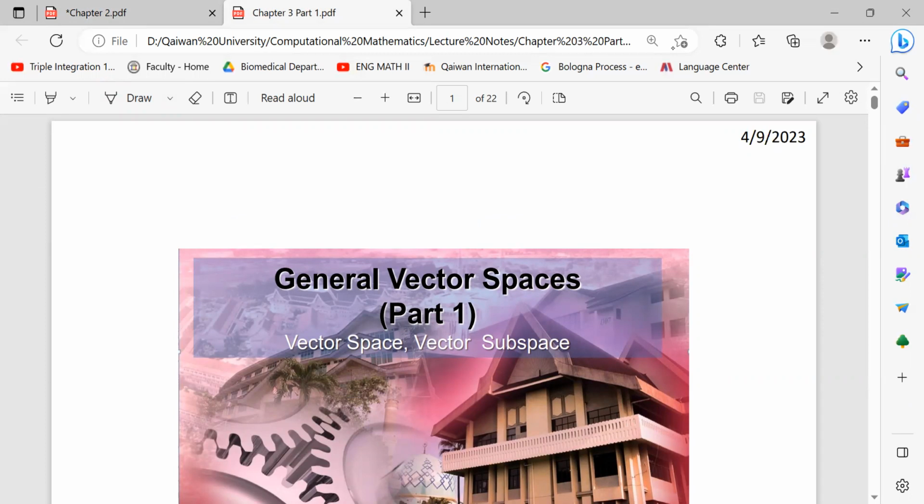First, we have only the definition of vector space and subspace. In this part of chapter 3, we just talk about vector space and vector subspace. We just study the definition of these two concepts and examples about it. Okay?